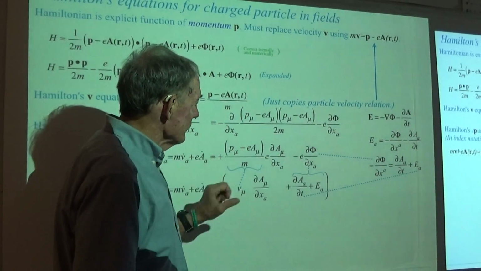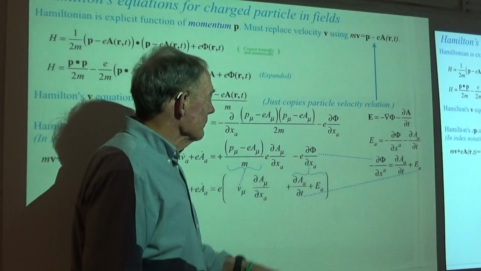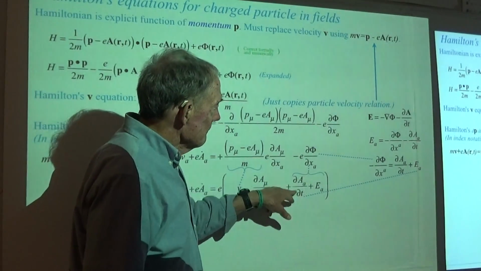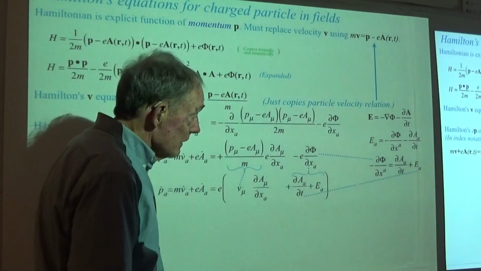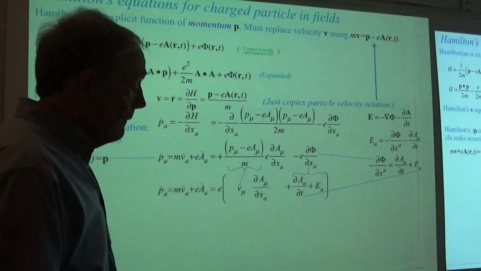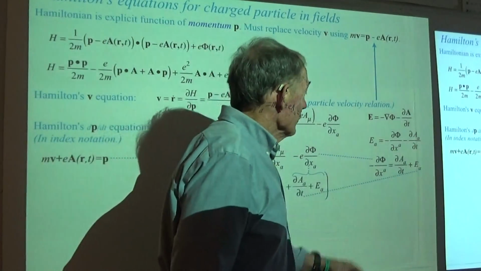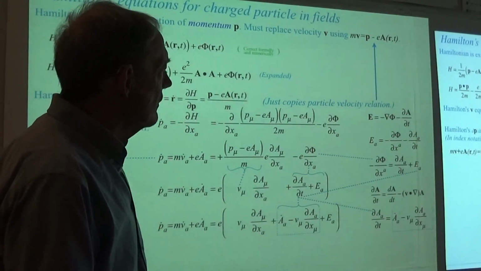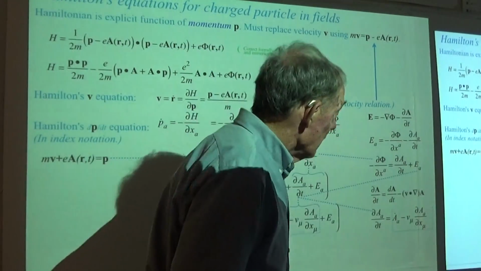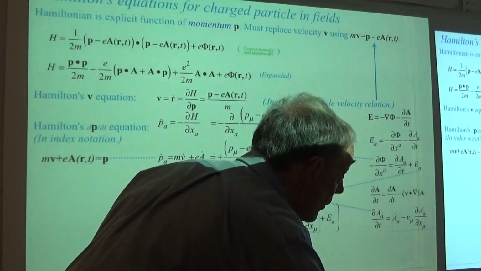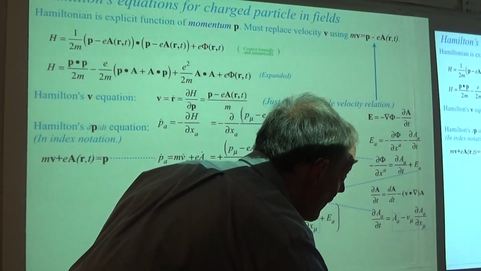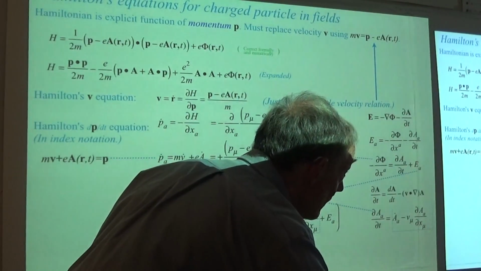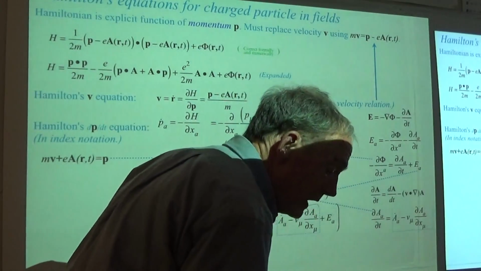This thing right here is just a component of B. This we recognize as the partial of A plus the electric field combination. So what we will find after we've put all this together, and of course we've had this equation already, we can keep this going on the other screens. I'll go ahead and take it to that point.